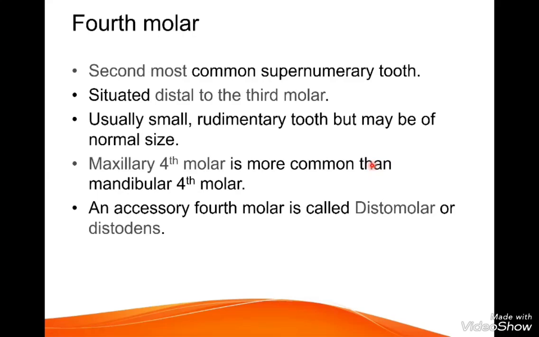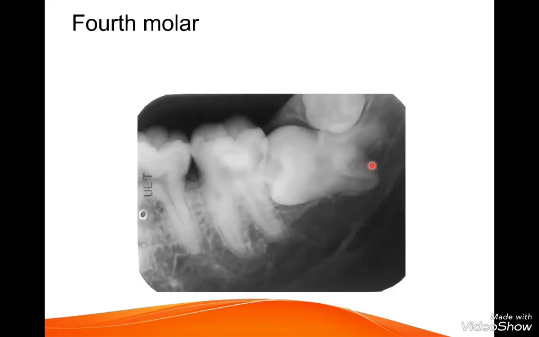Coming to fourth molar, this is the second most common supernumerary teeth. It is situated distal to third molar. It is usually small in size, and maxillary fourth molars are more common than the mandibular fourth molars. Accessory fourth molar is also called by the name distomolar or distodens. So this is a radiographic picture of a distomolar.